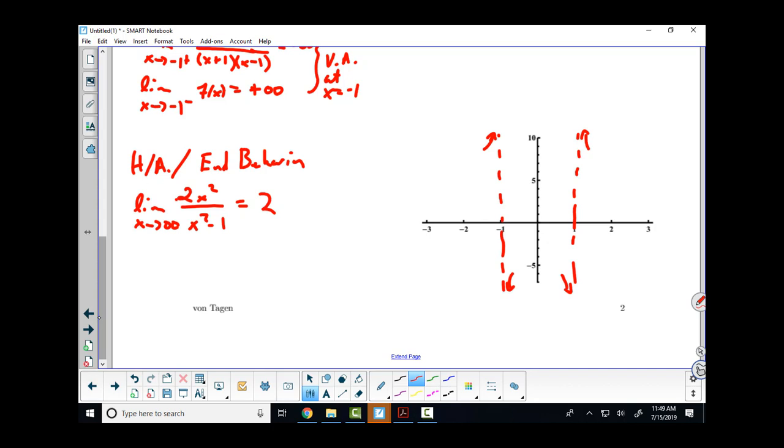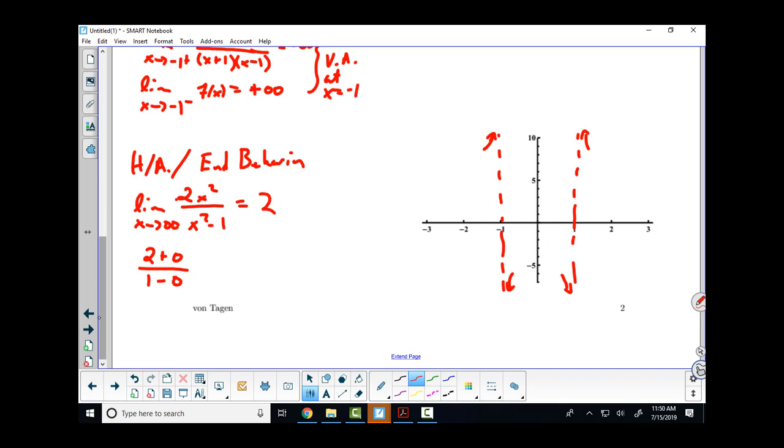The more sophisticated way is the way we taught in, I don't know, section 2.5, where we said multiply by 1 over x raised to the highest exponent seen in the denominator. At some point you would have a 2 plus a 0 over a 1 minus 0, and that's how you'd get 2.